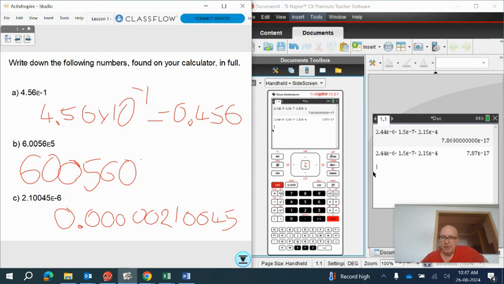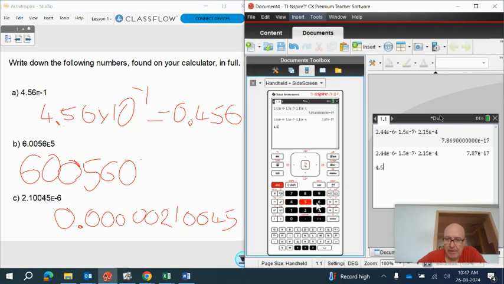Okay. Just try it on the calculator, see what the calculator does with some of those. So if I take 4.56 times 10 to the power of -1, we get this. If I take 6.0056 times 10 to the power of 5, notice it won't express that if it's in float 3.